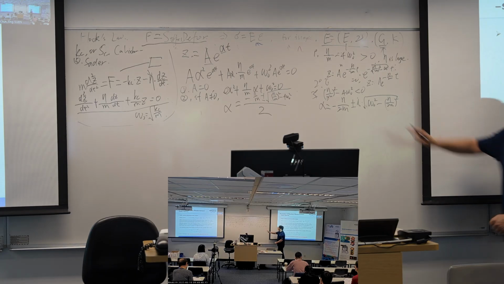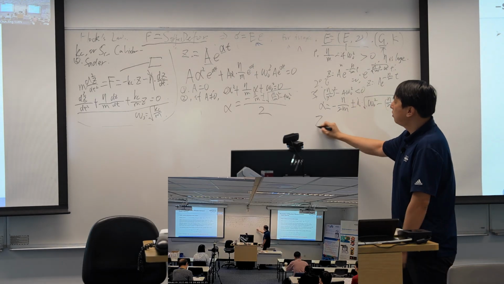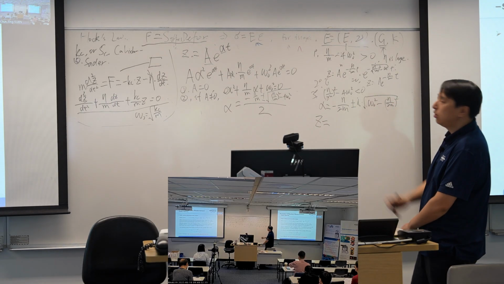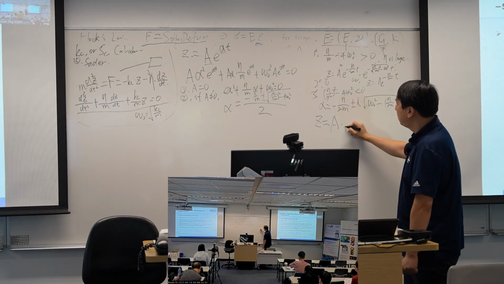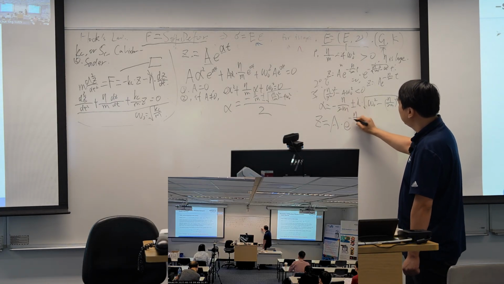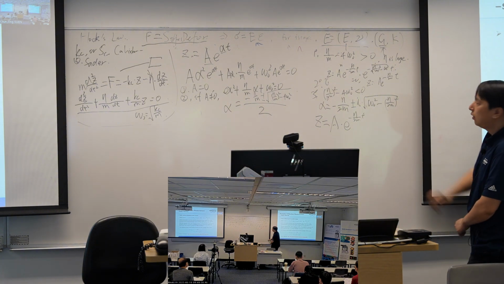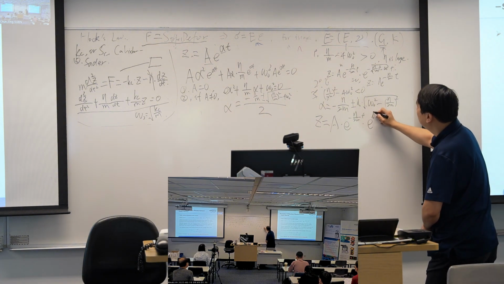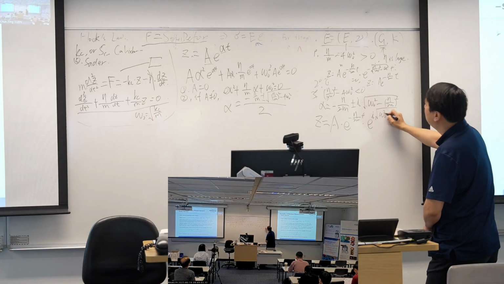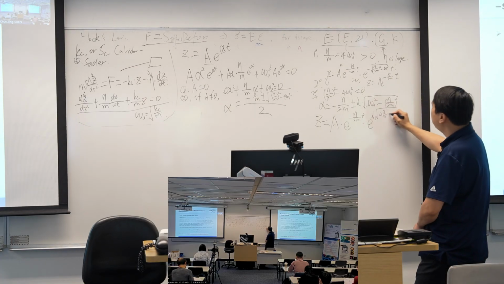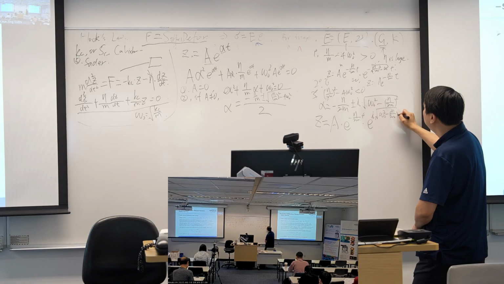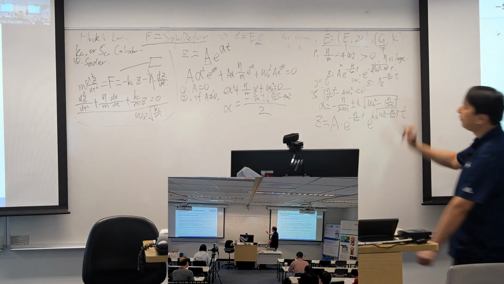okay? So finally, my solution is A times e to the i times the square root of omega 0 squared minus (eta over 2m) squared, times t.